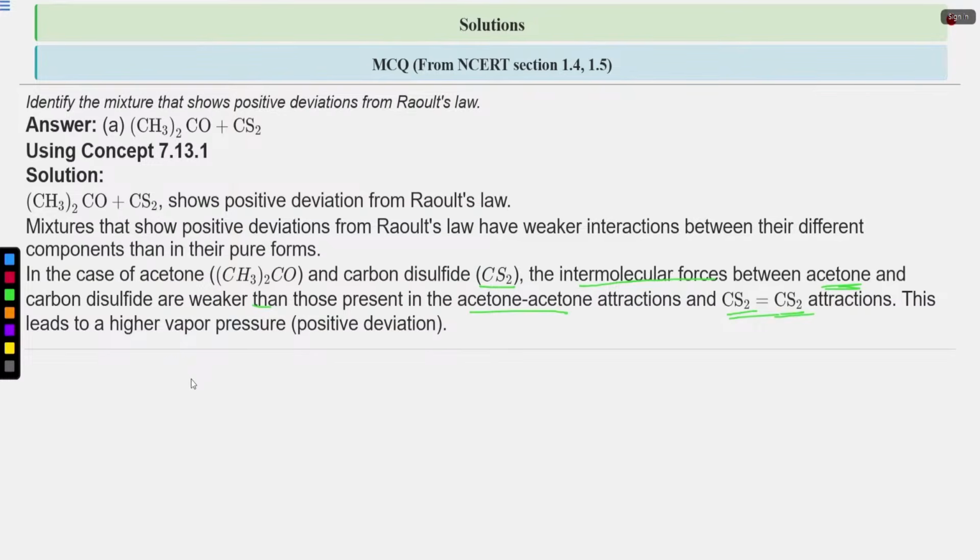This leads to a higher vapor pressure, which is considered a positive deviation from the Raoult's law. Higher vapor pressure means the vapor pressure increases above the ideal vapor pressure you considered from the Raoult's law. So this is due to the positive deviation of the mixture, and the correct mixture which shows the positive deviation is this acetone and carbon disulfide mixture. So the correct answer is option A.